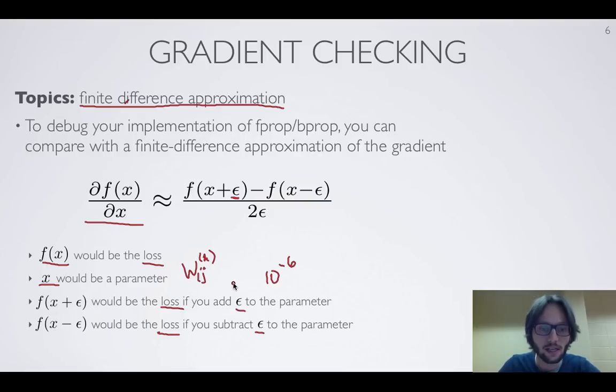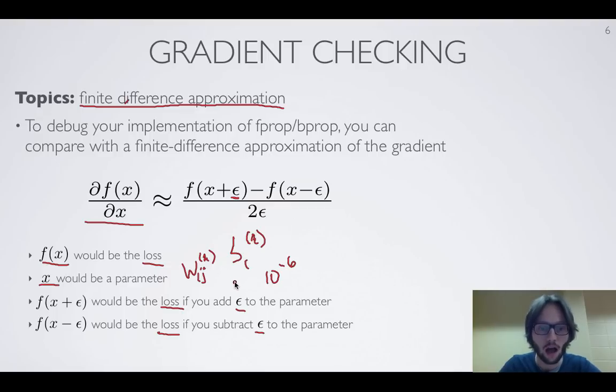And so this means that if we want to test the computation of the partial derivative with respect to every parameter, so all connections between all hidden layers and also all biases bik, we would need to do a forward propagation with plus epsilon and minus epsilon for each parameter. So when we do this finite difference approximation for debugging, we actually do it on a very small neural network with very few parameters, few connections, and few biases.